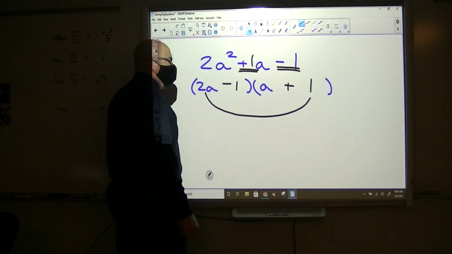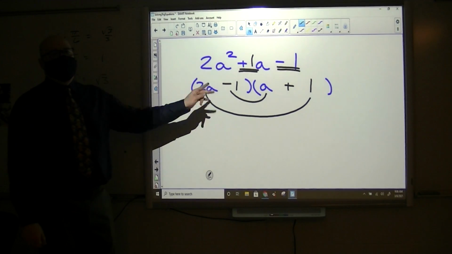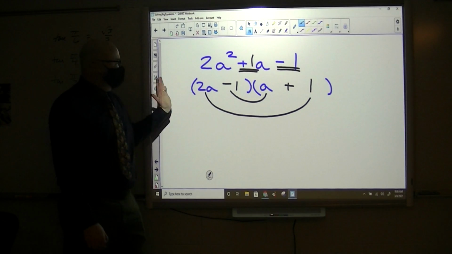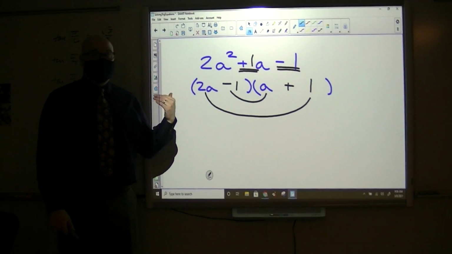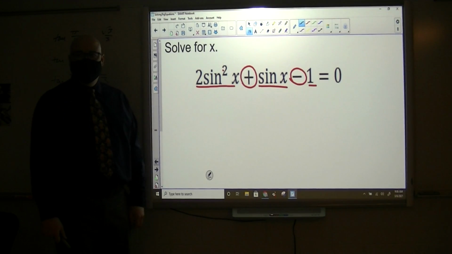This would be 2a minus 1a. 2a minus 1a is 1a. So check just to make sure. This is what it would look like if I factored it with a. Well, this problem that we're looking at right now doesn't have a. It has sine x.